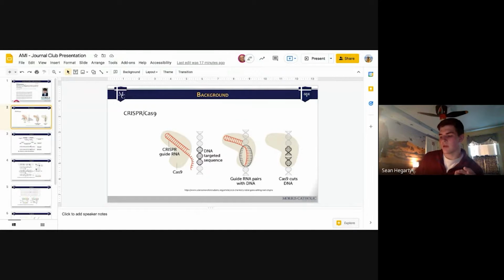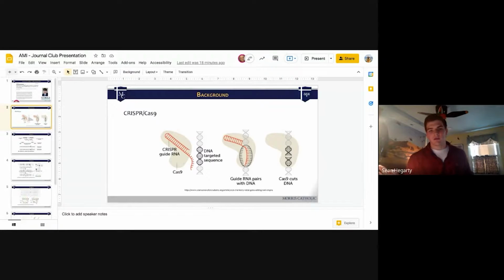And once that PAM is found, the guide RNA will bind itself to the DNA target sequence, like you can see in the diagram. And once it is paired, the Cas9 protein has two nucleases which snip each strand of the DNA, and it causes a double strand break in the DNA.